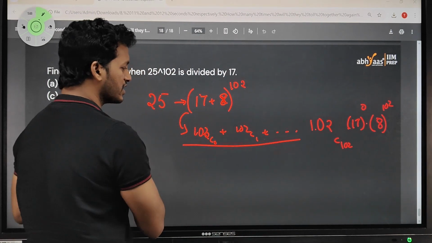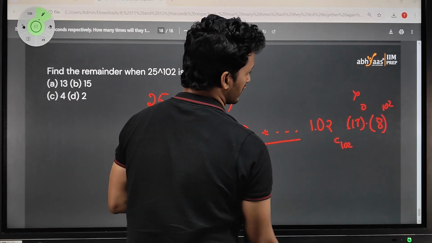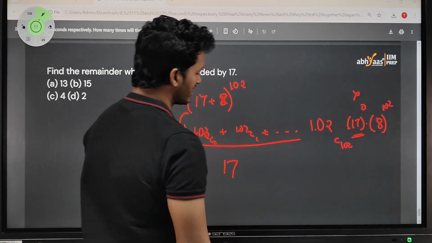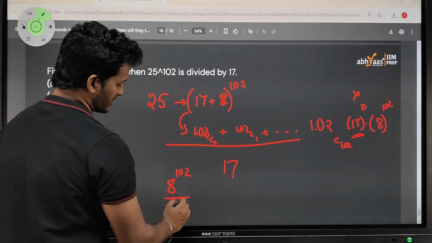That means these whole terms will be divided by 17 easily, but not the last term. Why? Because it doesn't contain 17, but it consists of 8 power 102 by 17.